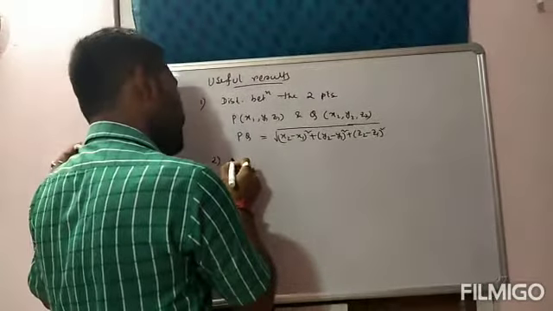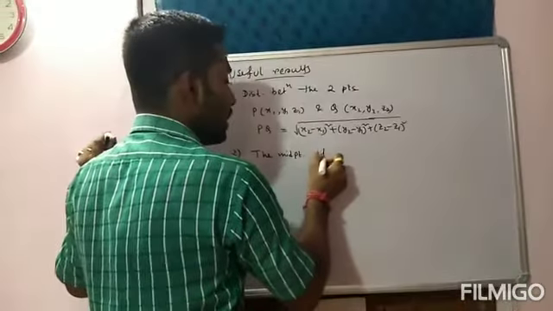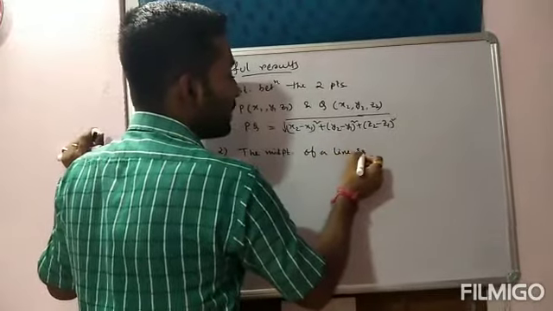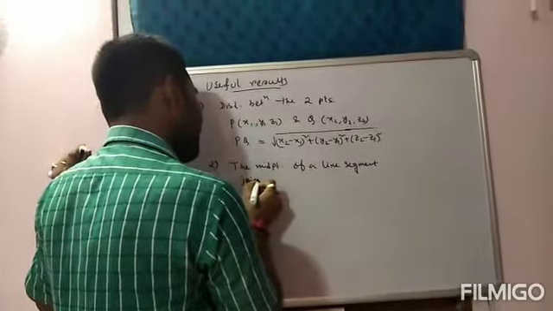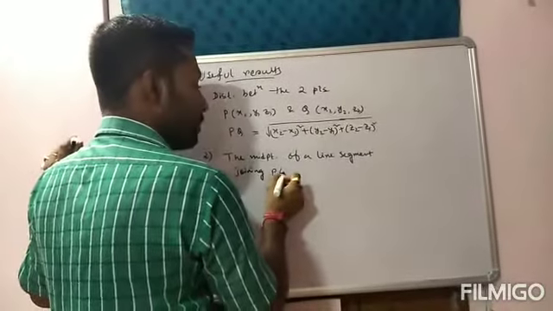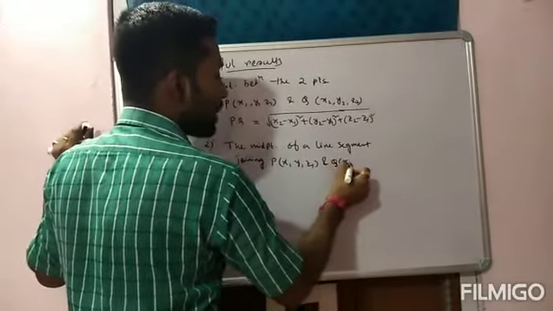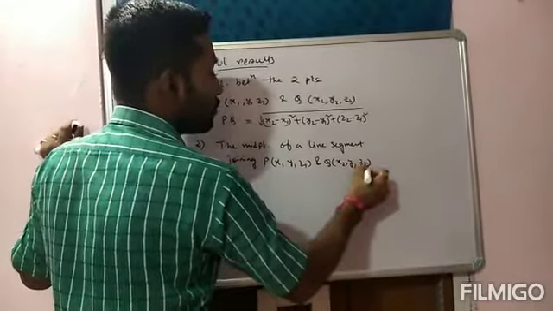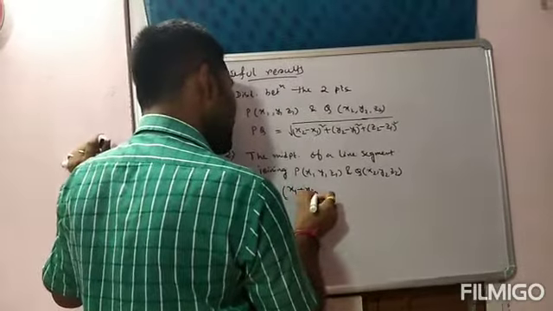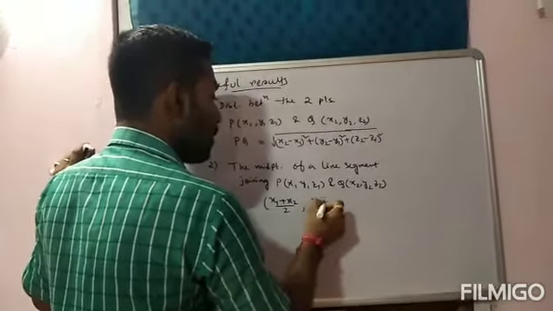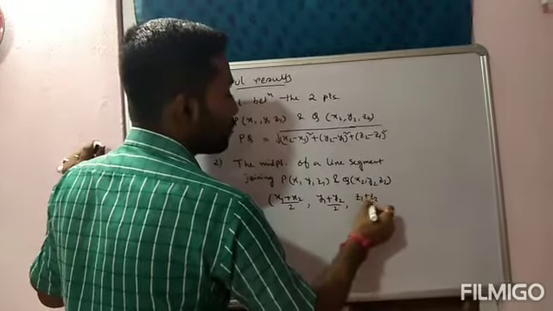Number 2. Midpoint formula. The midpoint of a line segment joining P of x1, y1, z1 and Q of x2, y2, z2 is (x1 plus x2 by 2, y1 plus y2 by 2, z1 plus z2 by 2).